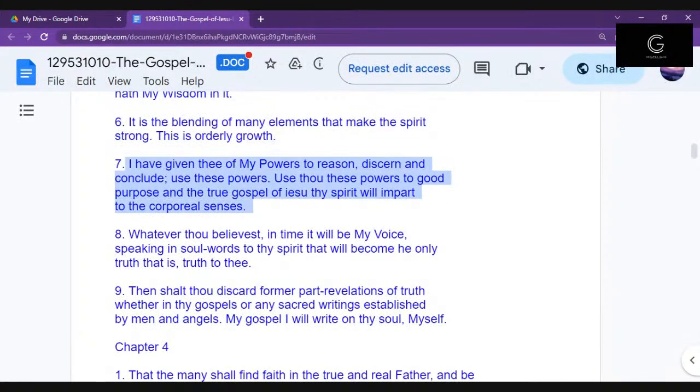I have given thee my powers to reason, discern, and conclude. Use thou these powers to good purpose. And the true gospel of iesu, thy spirit will impart to the corporeal senses.